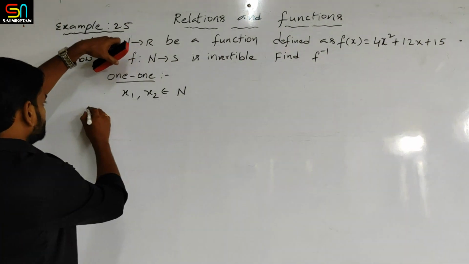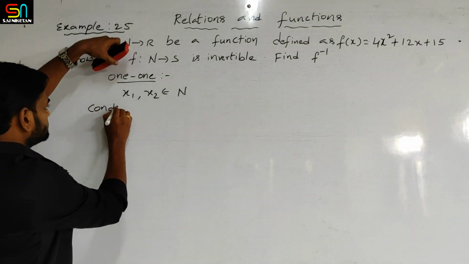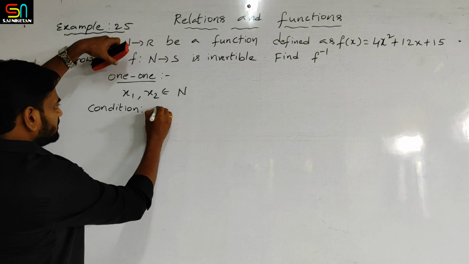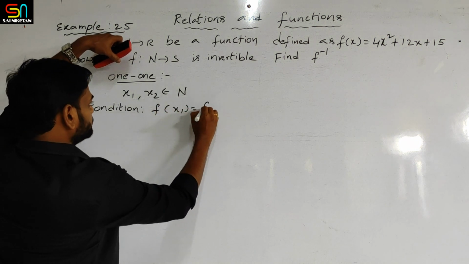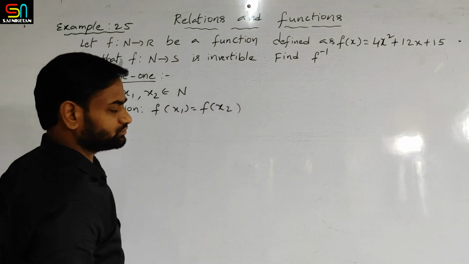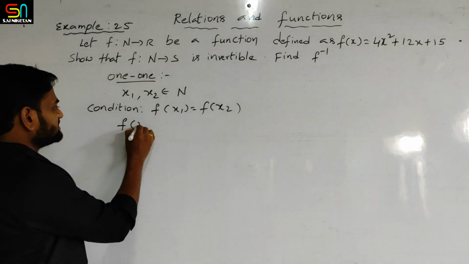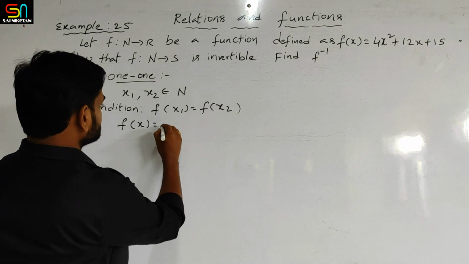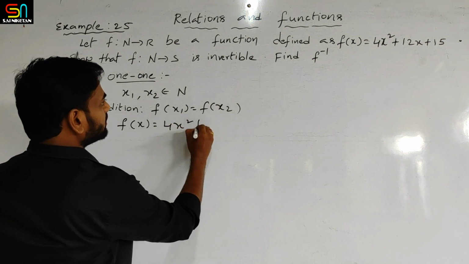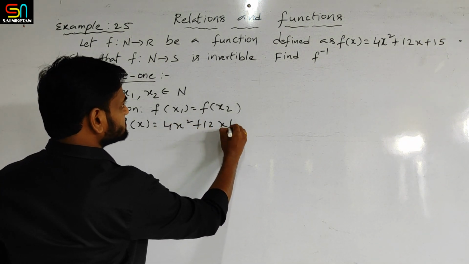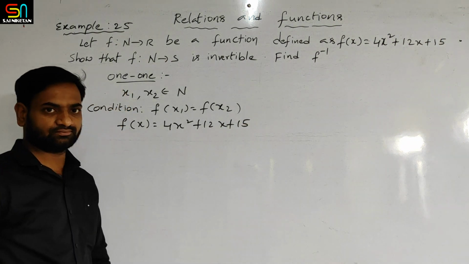Next I have to take a condition. What is the condition? f of x1 is equal to f of x2. Now what is the actual f of x? f of x is 4x square plus 12x plus 15.